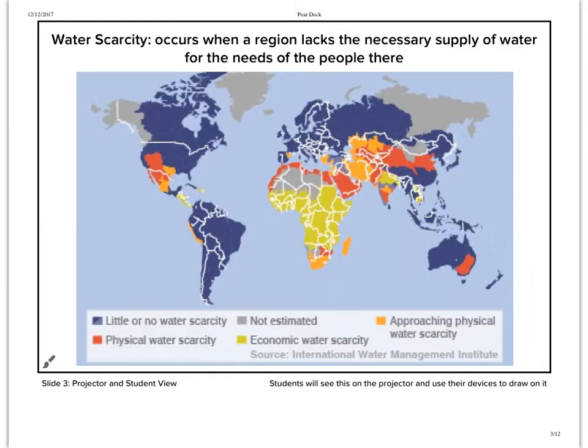All right, so the first word is water scarcity. Water scarcity occurs when a region lacks or doesn't have enough of the necessary supply of water for the needs of the people there. Water scarcity means we don't have enough water.